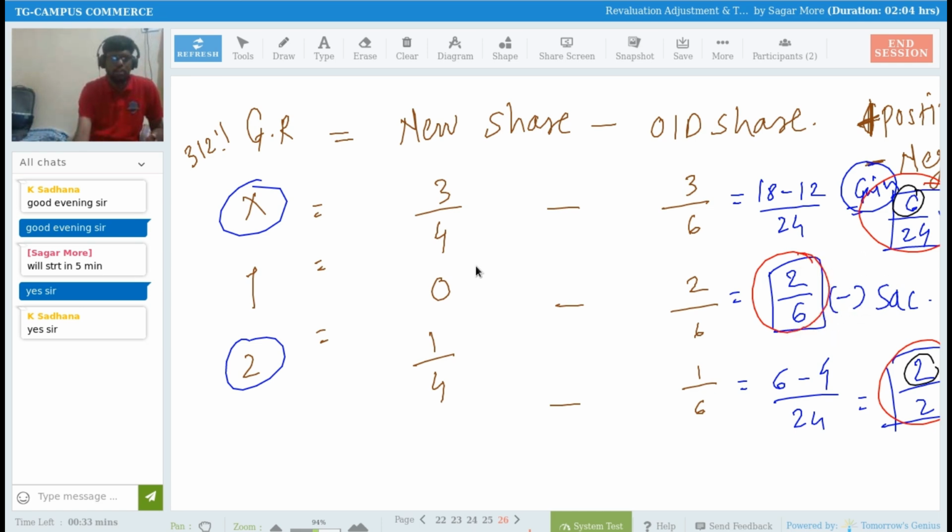You have to just apply it on 1,20,000. So 1,20,000 rupees multiplied by 6/24. You will be getting 30,000 rupees, right?